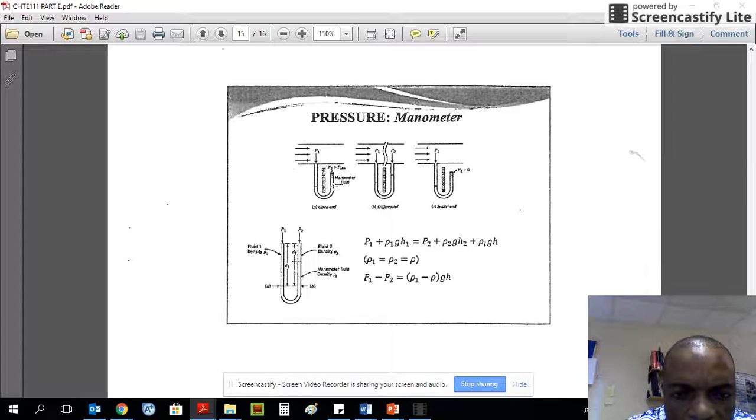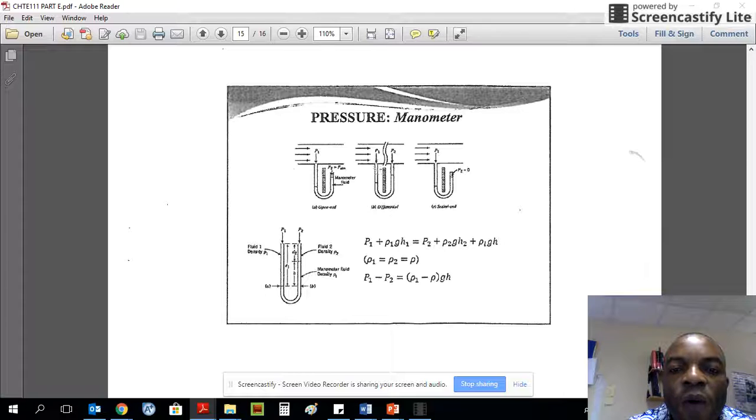You just have to use the formula. The pressure here is equal to that pressure plus density times g times h, which is the distance. So when you have one end which is open, you are going to measure the gauge pressure here.